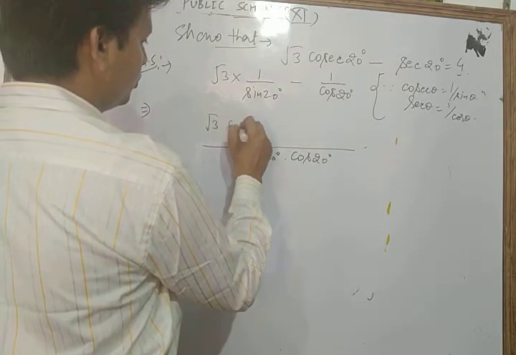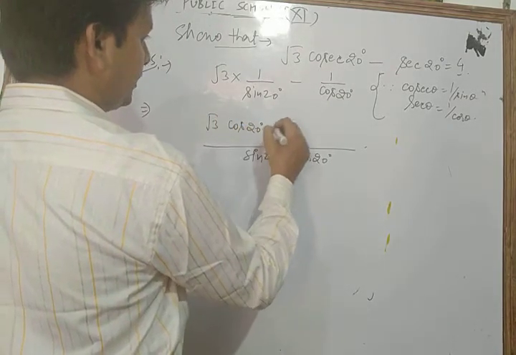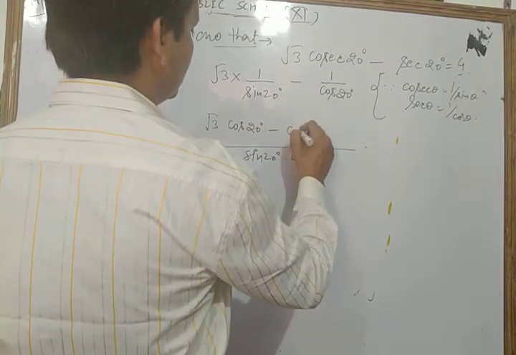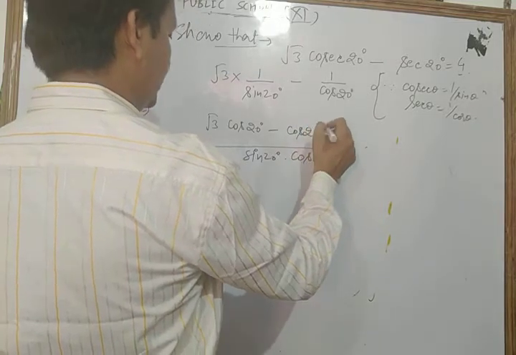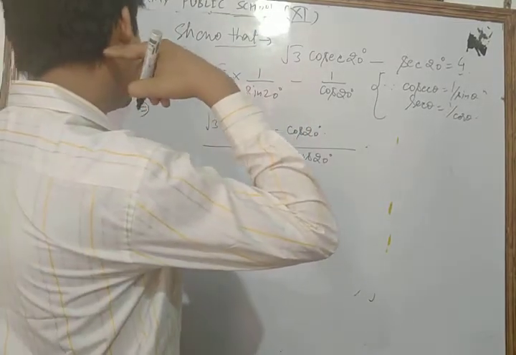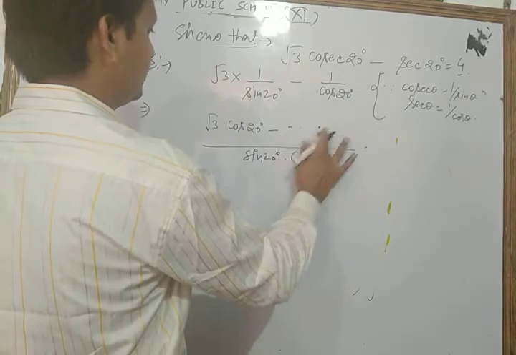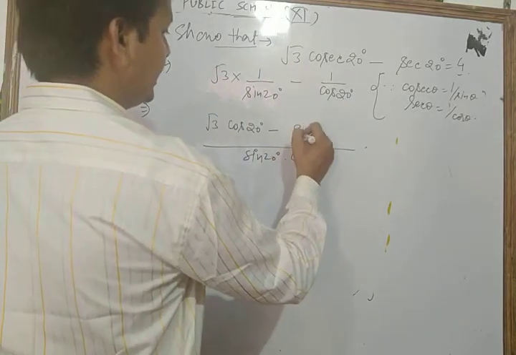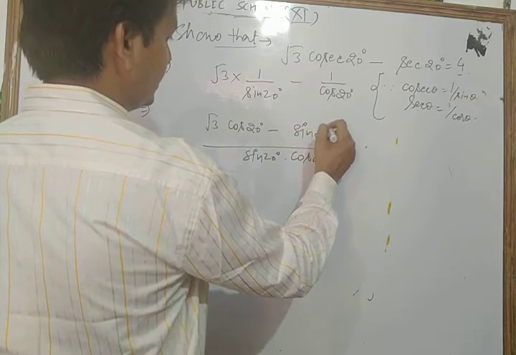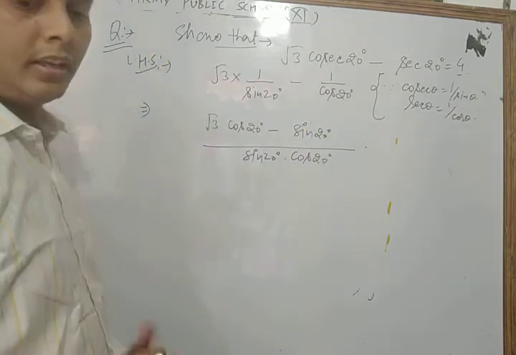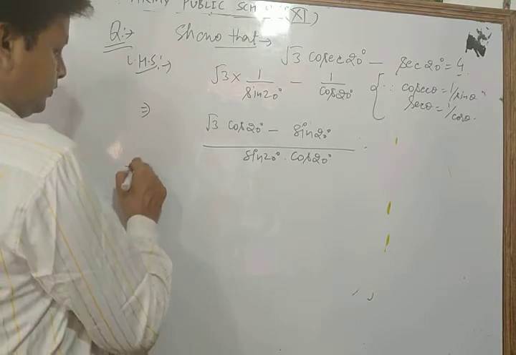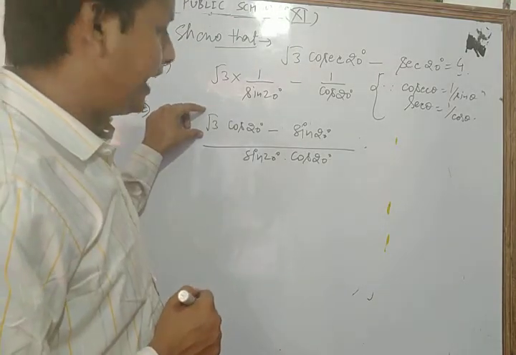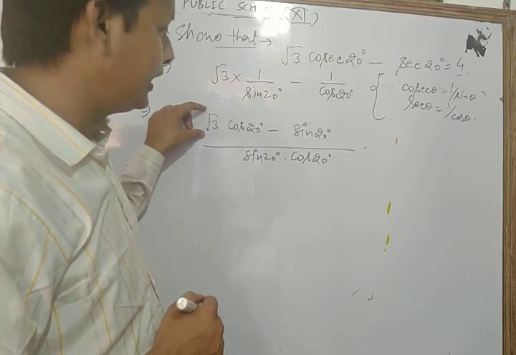We get, let's see what we get. Root 3 into cos 20 degree minus sin 20 degree into, the cos 20 cancels each other, so here we get sin 20. Now let's see. We divide and multiply by 2 in the numerator.